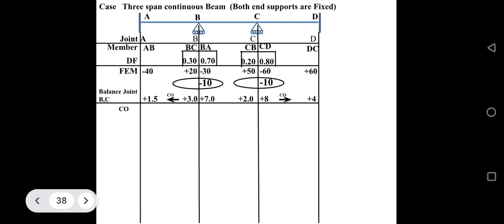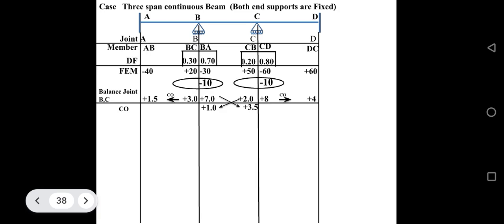So always remember the end moment is to be carried over in a straight line. Half of 3 and half of 8, with the same sign, is to be carried over. Now the intermediate carryover: half of 2 is 1 and half of 7 is 3.5, carried over as half the moment with the same sign. Because of this intermediate carryover, joints B and C become unbalanced and we cannot leave an unbalanced joint.